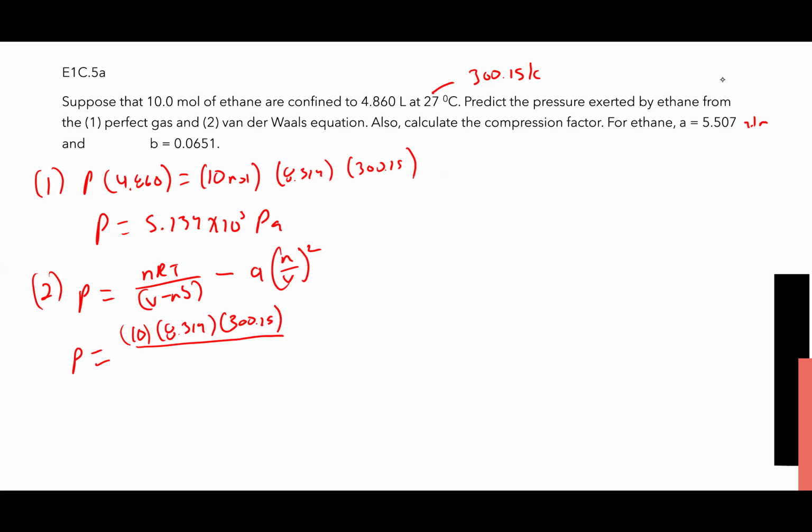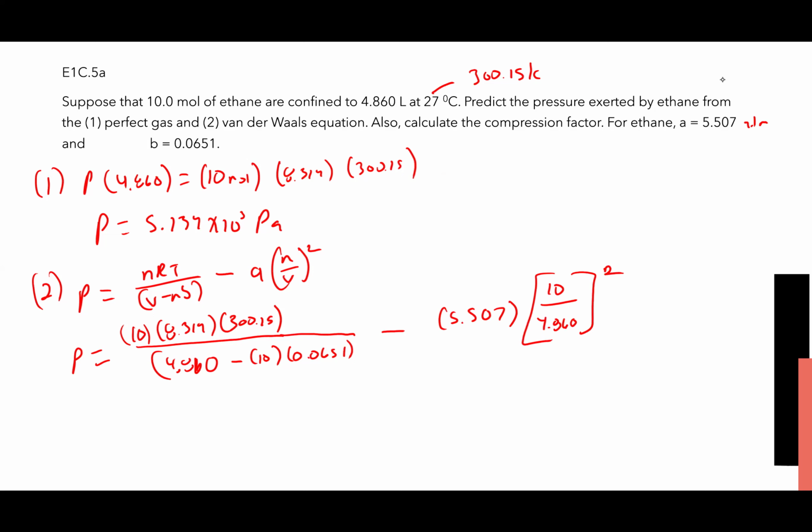On the bottom, our V is going to be 4.860, minus 10 moles times B, which is 0.0651. Over here, A is 5.507. We'll put brackets here to make it easier. We would have 10 moles divided by 4.860 liters squared.